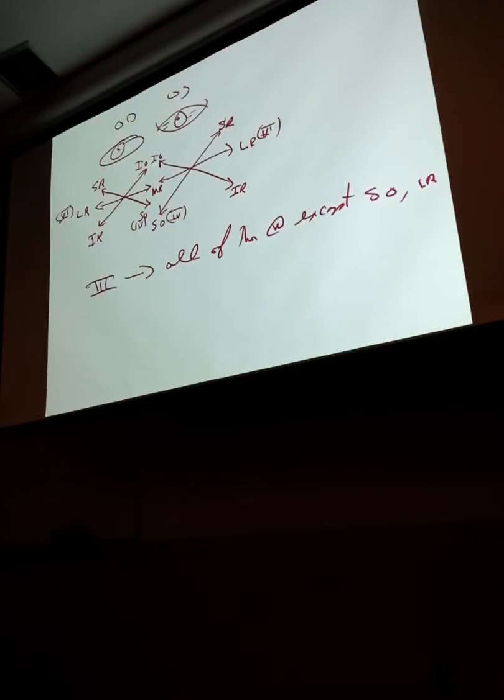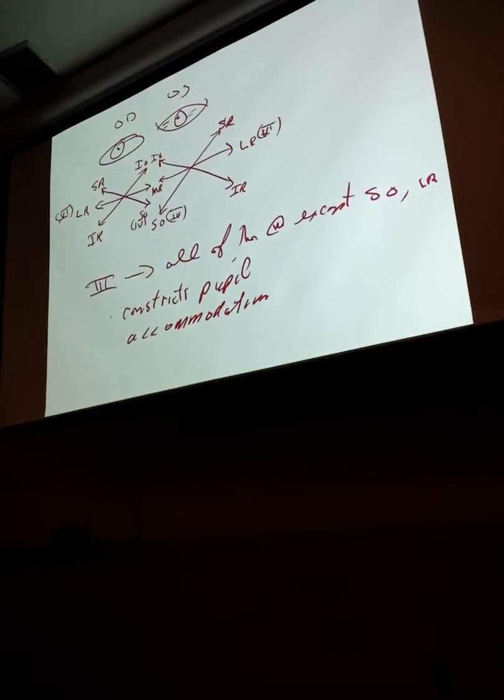The third cranial nerve also constricts the pupil, and accommodates the eye. And it also innervates the levator palpebrae superioris.